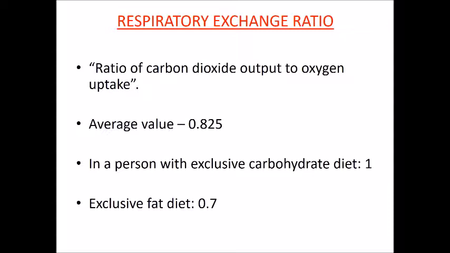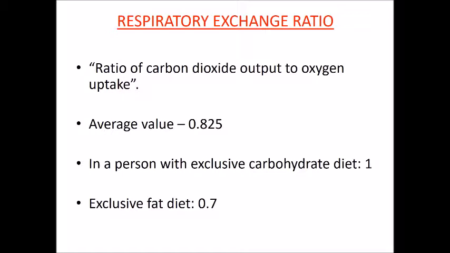Now suppose a person is exclusively taking carbohydrates only, then this respiratory exchange ratio will become 1. Why? Because for every O2 molecule, one CO2 molecule is produced at cellular level. Then if the person is on an exclusive fat diet, the ratio is only 0.7. Now what is the reason?